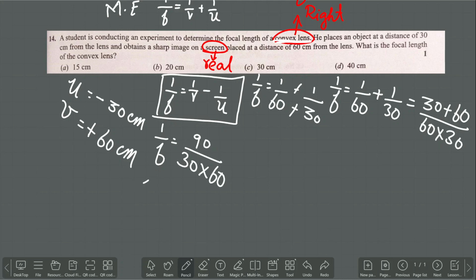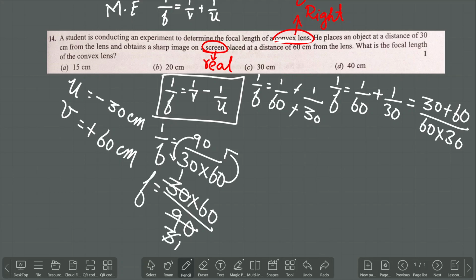We need f, not 1 by f, so we take the reciprocal. The denominator goes to the numerator and the numerator comes to the denominator: 30 into 60 by 90. So 30 ones are 30, 3 thirties are 90, 3 threes are... 2 threes are 6. So the focal length f is equal to plus 20 centimeter.